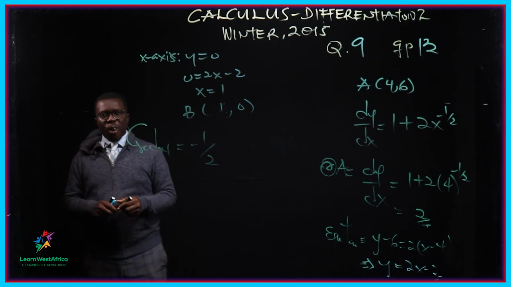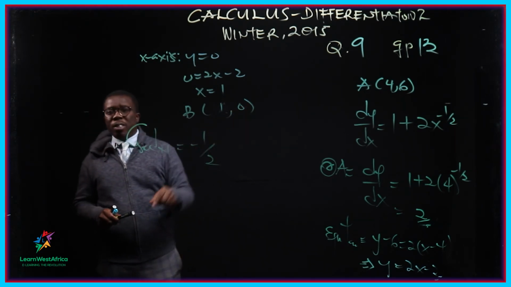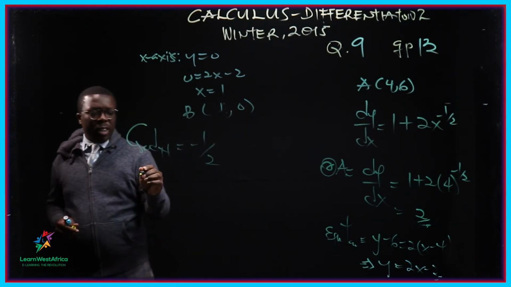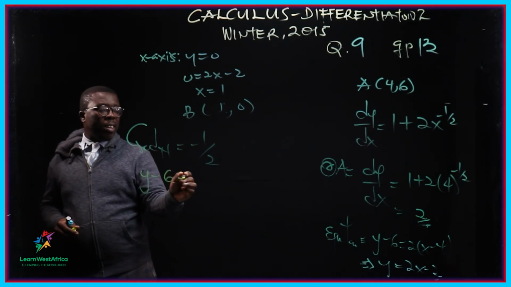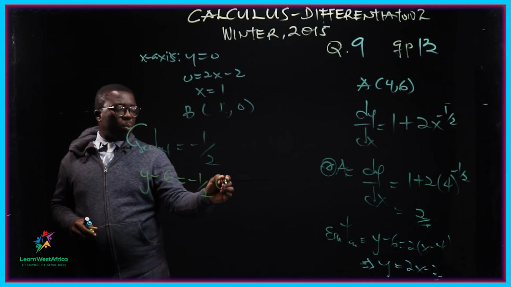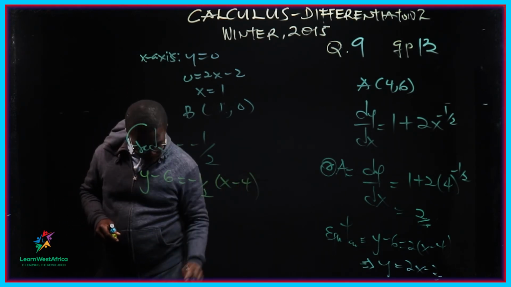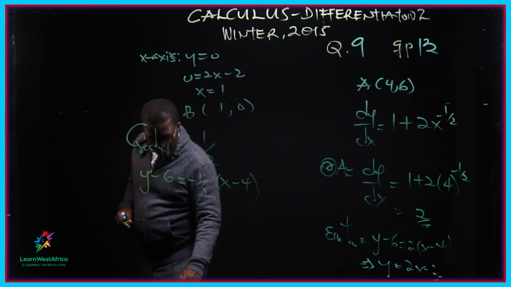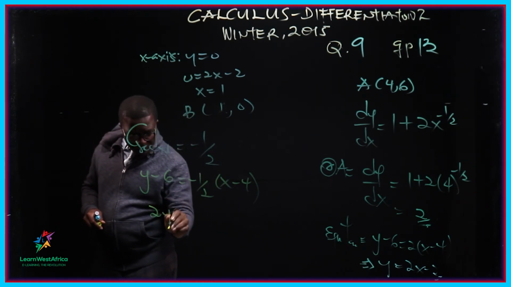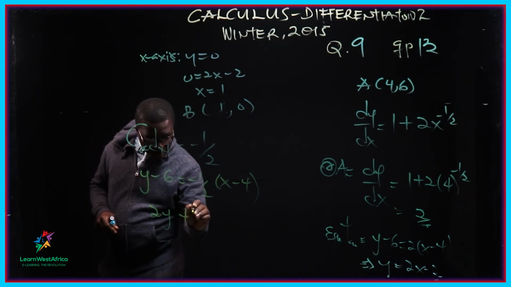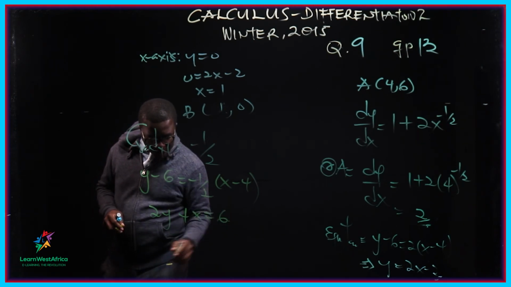What is the equation of the normal then at point A, where we know this is the gradient? Okay, so the same, y minus y1: y minus 6 is equal to negative half into brackets x minus 4. So when we work this out, we should have 2y plus x being equal to 16.